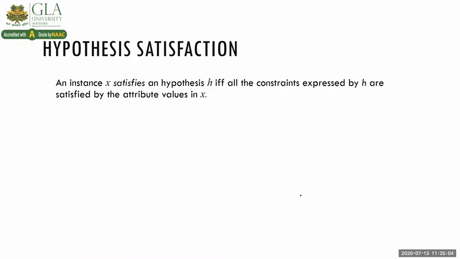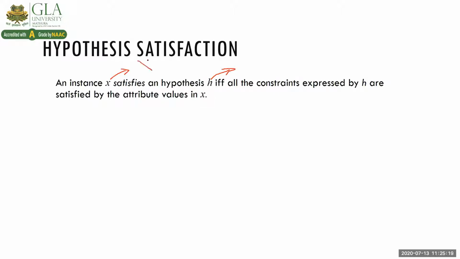So hypothesis satisfaction: an instance x satisfies hypothesis h. What is x? x is an attribute vector, h is a hypothesis.